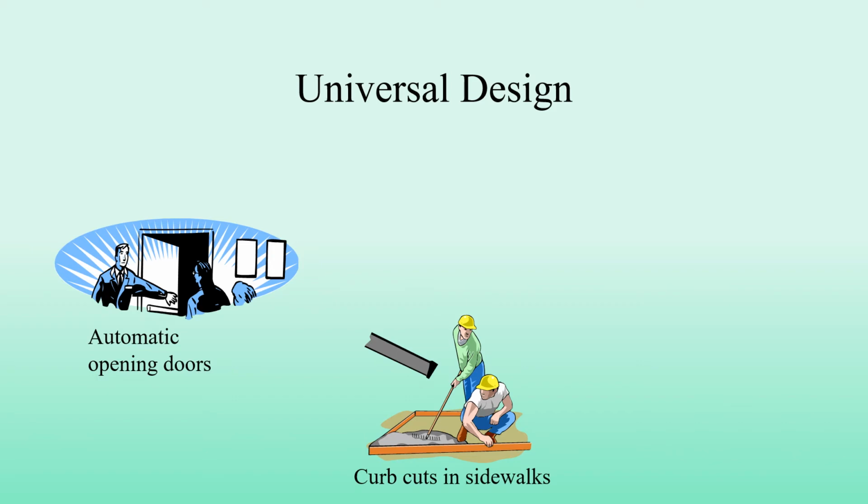The curb cuts in sidewalks, those little ramps that we see, again, you could figure that those started to help people who are in wheelchairs or had other types of mobility issues. But in today's world, a lot of people use those because it's part of the universal design. It helps everybody. I like to do a lot of biking in the summer.